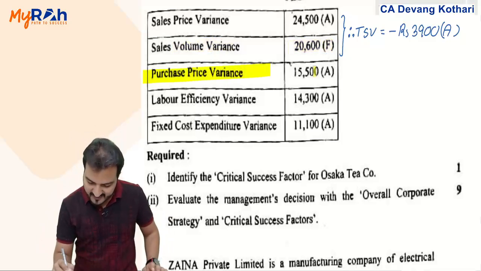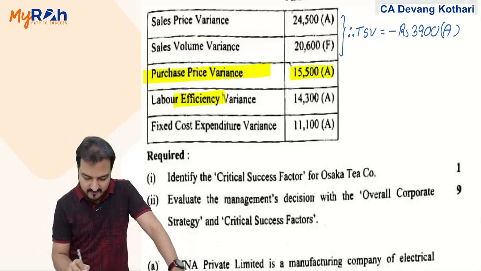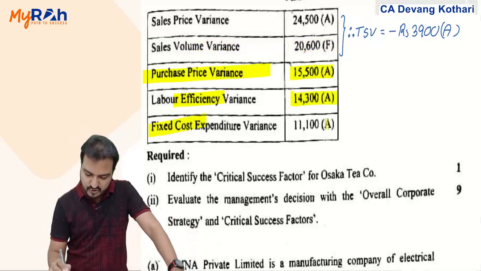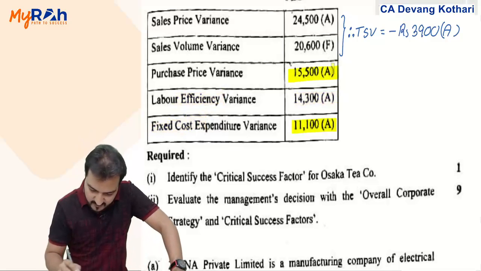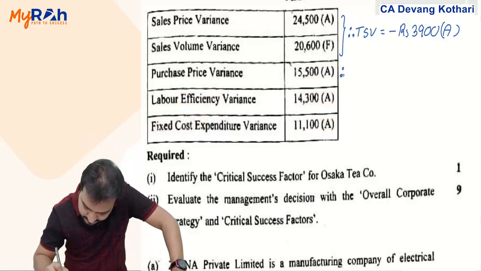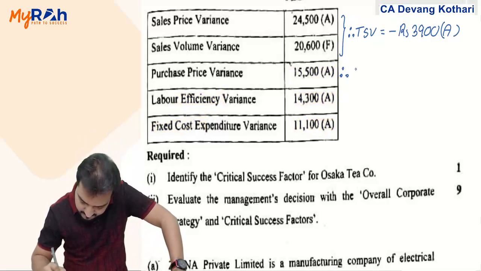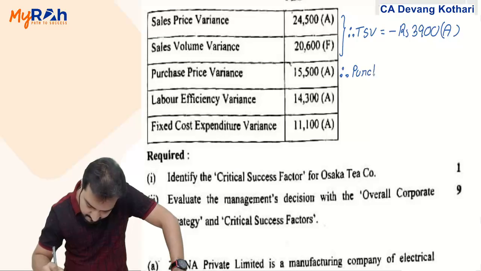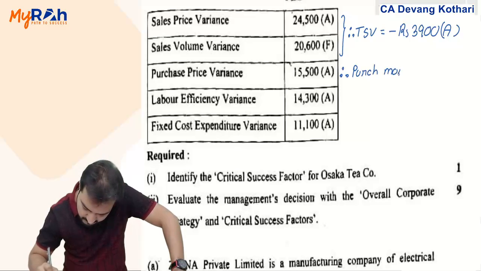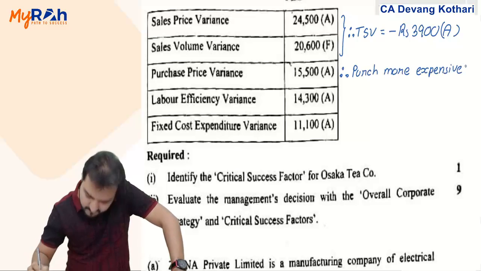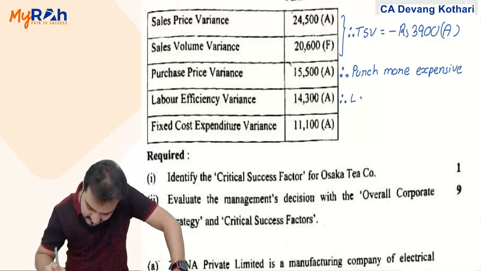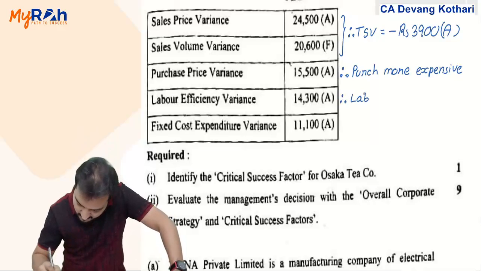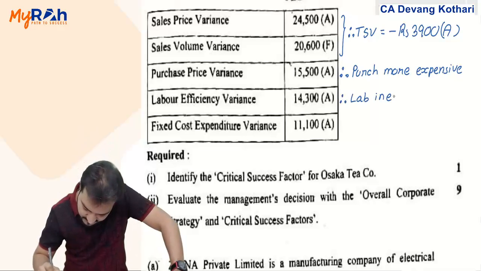Even purchase price variance is adverse, even labor efficiency variance is adverse, even fixed cost expenditure variance is adverse. Purchase price variance adverse means purchase became more expensive. Labor efficiency variance adverse means labor have become inefficient.